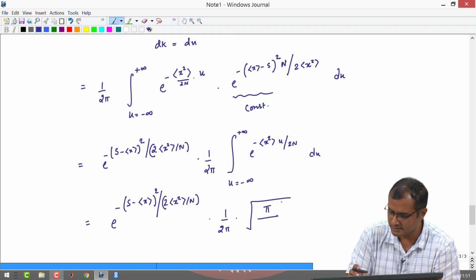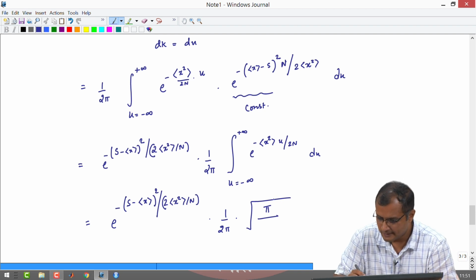Now a here is x square by 2n, so this would be just x square by 2n.